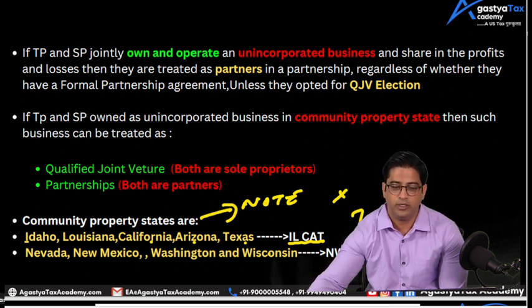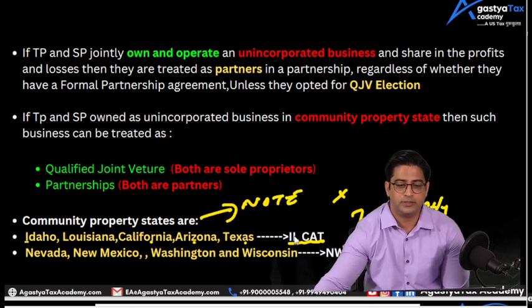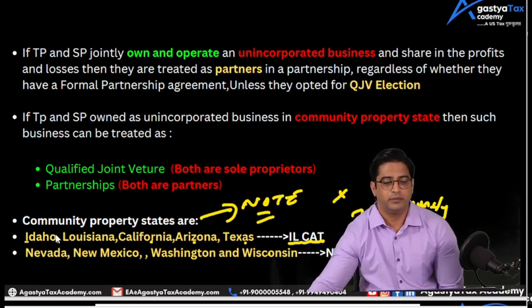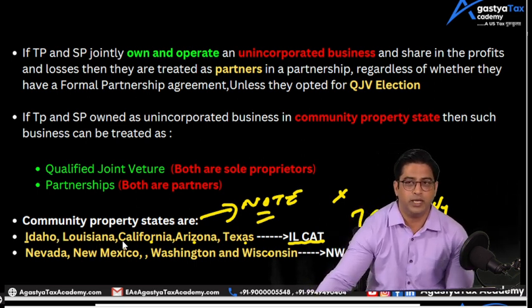So the short acronym is I love cat now. Please write a small note. Community property states are Idaho, Louisiana, California, Arizona, Texas, Nevada, New Mexico, Washington, and Wisconsin.